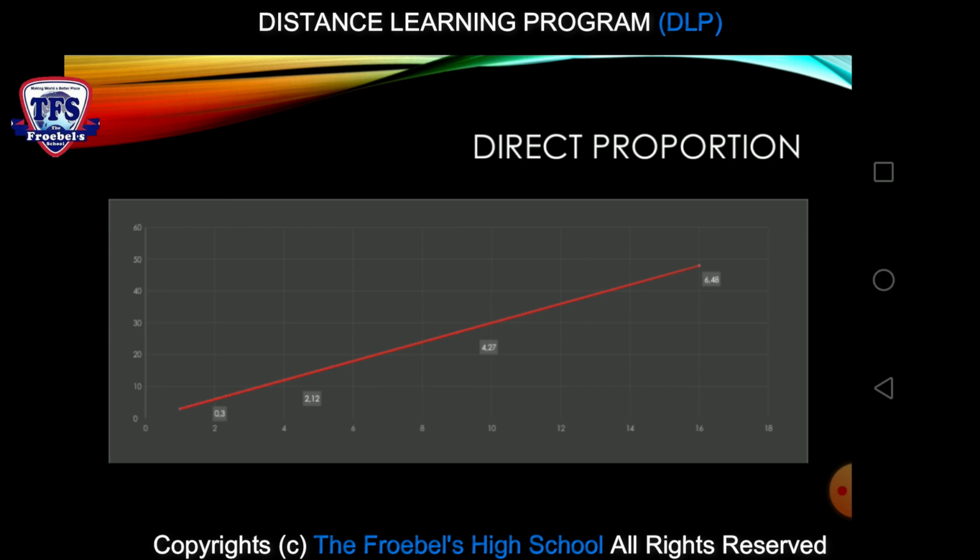If we just stretch our line towards the origin, we can see simply that this will pass through the origin, which will fulfill the condition of the direct proportion. All right, so it's not a curve. That means the quantities y and x square are in direct proportion with each other, and it will pass through the origin if you just stretch this line towards the origin.